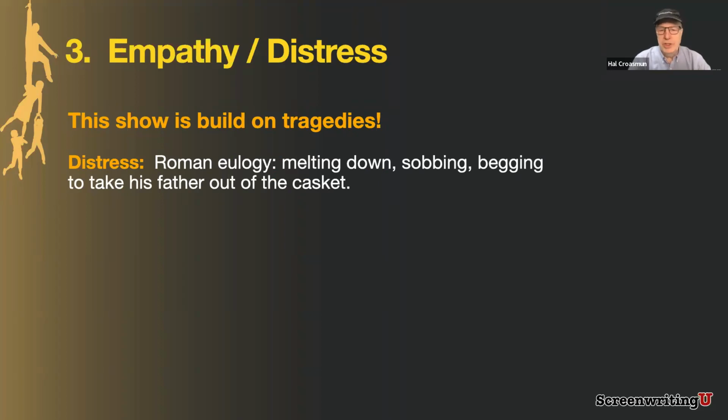So distress: Roman doing the eulogy, right? He's practiced this. He has his notes. In the morning when he was practicing it, he felt completely cocky. He knew what he was doing. He has this down, right? But when he gets up there, that's the moment that this morning thing hits him, and he melts down, sobbing, begging for them to take his father out of the casket.